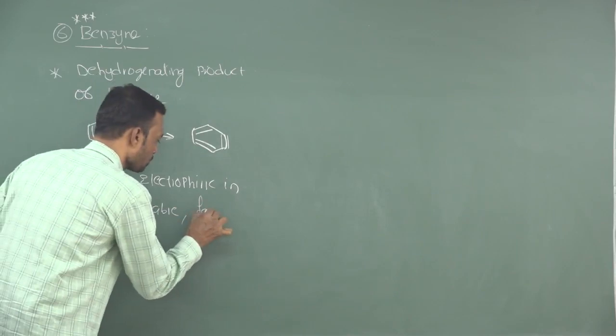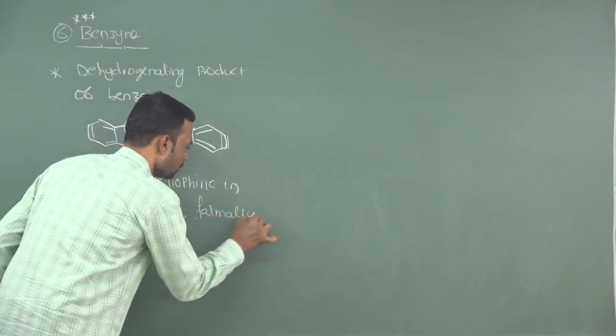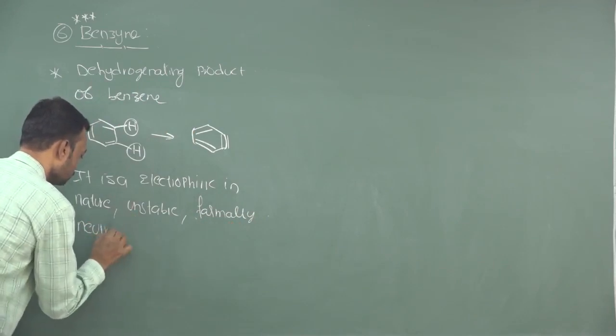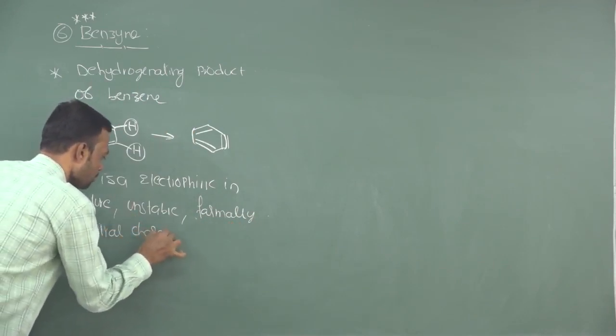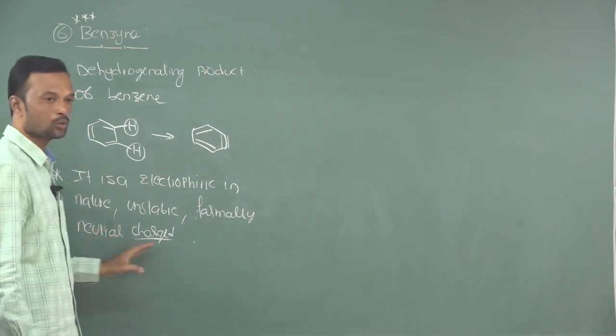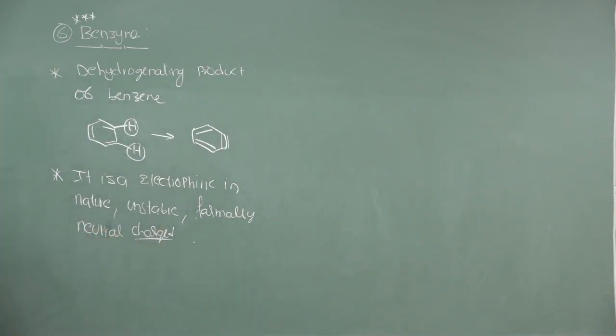Formally neutral charged molecule, so there is no charge produced on benzyne. So benzyne is electrophilic in nature and it is an unstable species, and this is a formally neutral charged molecule.